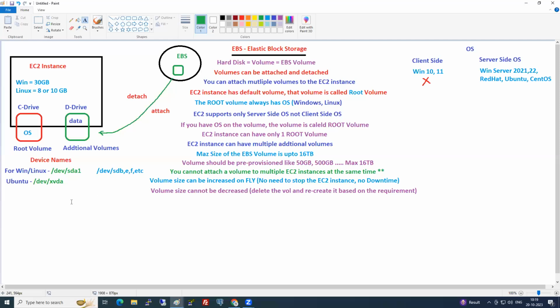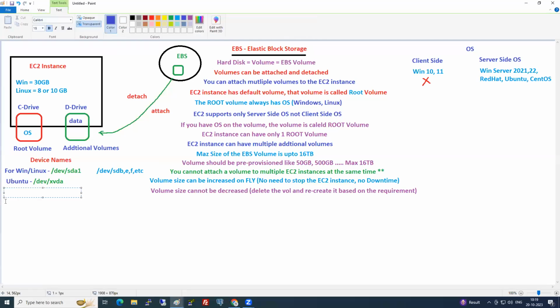So can we say that the root volume is always attached as /dev/sda1? Certification question: the root volume is always mounted, or you can call it attached, as /dev/sda1.